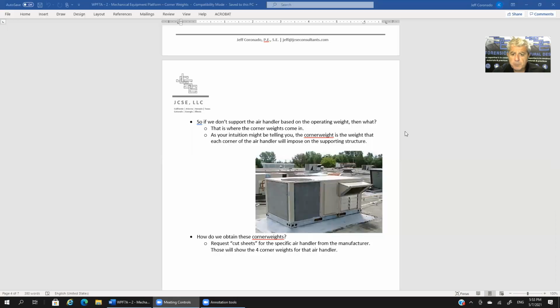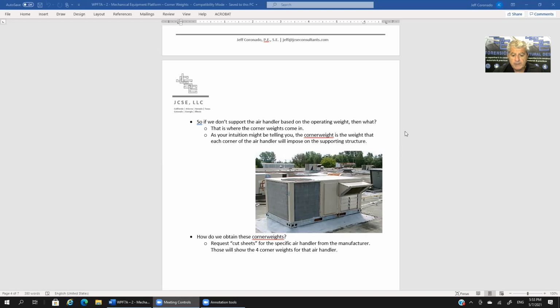So if we don't support the air handler based on the operating weight alone, then what? Well, that's where the corner weights come in. As your intuition might be telling you, the corner weight is the weight at each corner of the air handler, and those corner weights are based on center of mass. How do we obtain the corner weights?